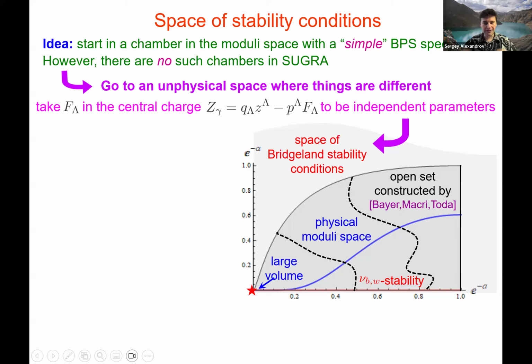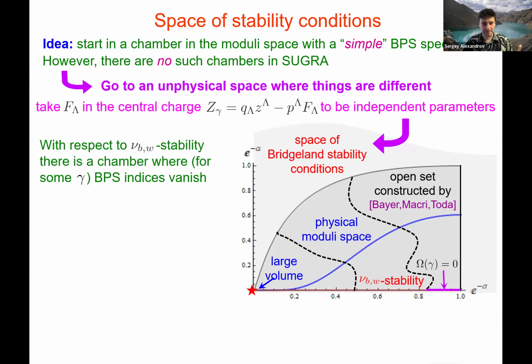And it turns out that in this larger space, there are other slices, which are somewhat nicer. In particular, there is a so-called new BW stability, which is a slice lying somewhere at the boundary of this large space, which possesses some nice property. Namely, it turns out that there is a region somewhere here where some BPS indices actually are known to be vanishing.